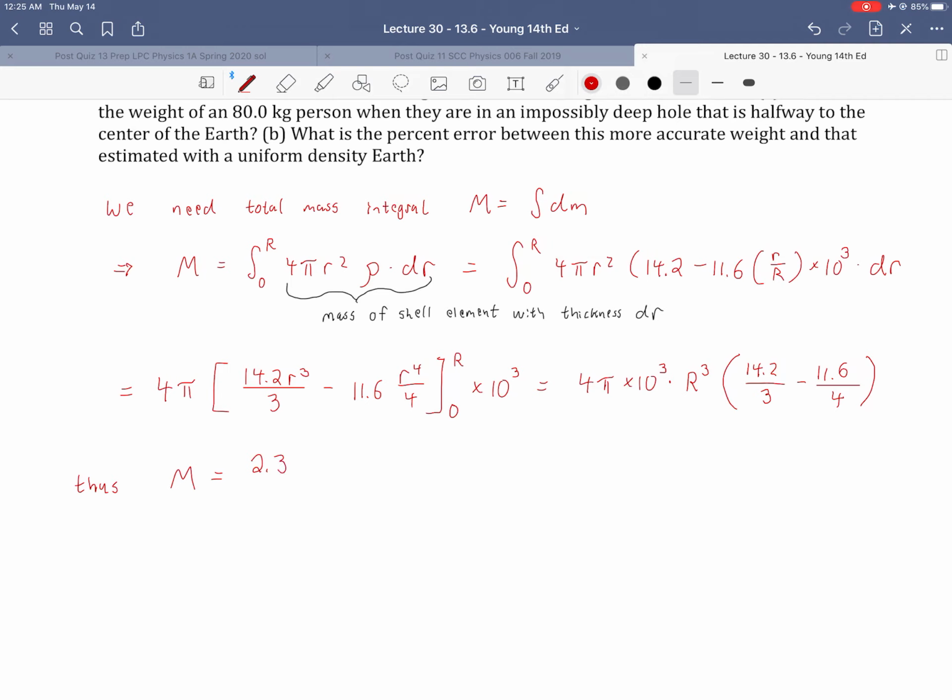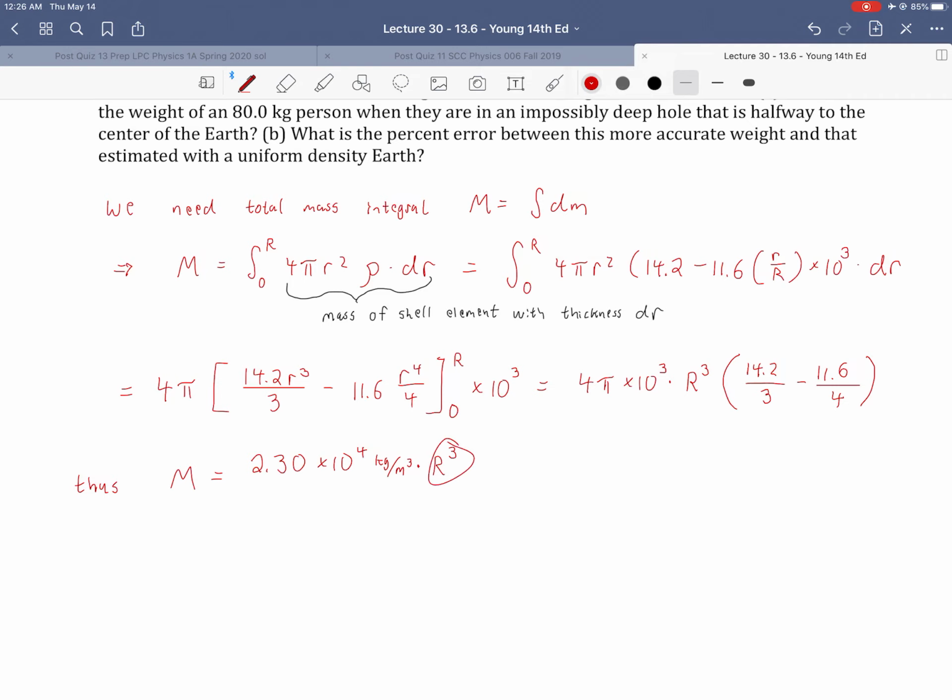Okay, so then we end up with 2.30 times 10 to the fourth R cubed. Okay, and if we're thinking about this as a mass, this actually represents our density in a sense. It has units of density, so it's going to have kilograms per cubic meter. And then we'll just multiply that by R cubed, okay? And that's the total mass.